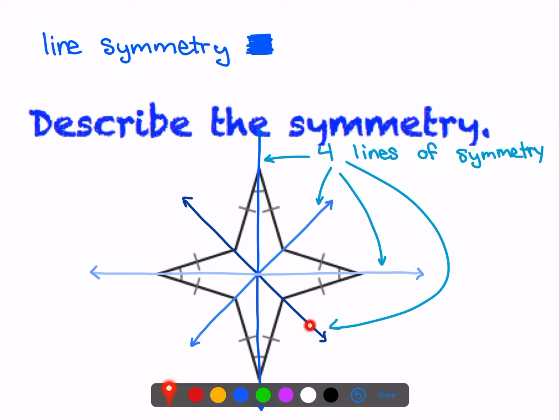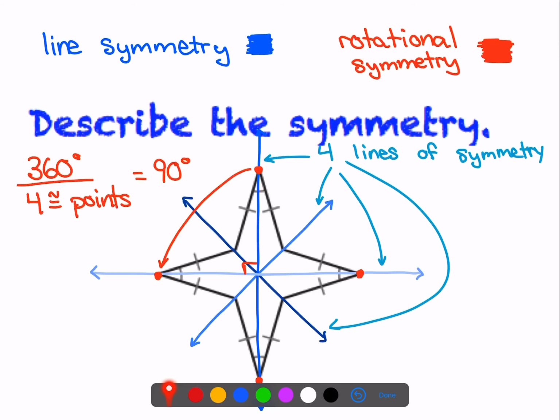As for our rotational symmetry, I see that we have 1, 2, 3, 4 congruent pieces. 360 degrees divided by 4 congruent parts will give us 90 degrees of rotational symmetry. And in fact, we can see, if I take my center of rotation, the middle of our figure, and draw segments to each of these points, it creates this 90-degree angle here as well.